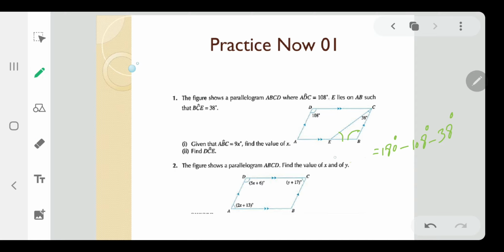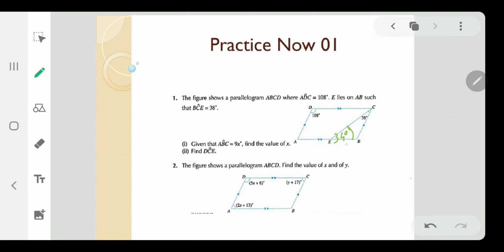B, E and C. This is equal to 34 degree. So if this angle is 34 degree here, it means that this angle is 34 degree.